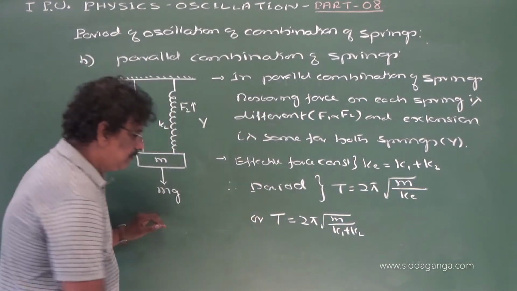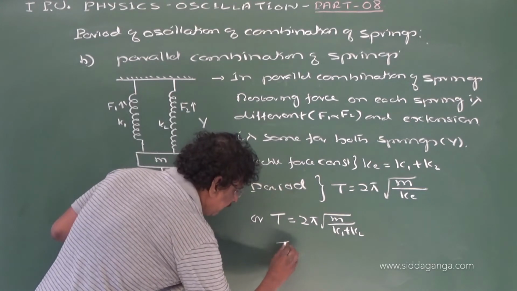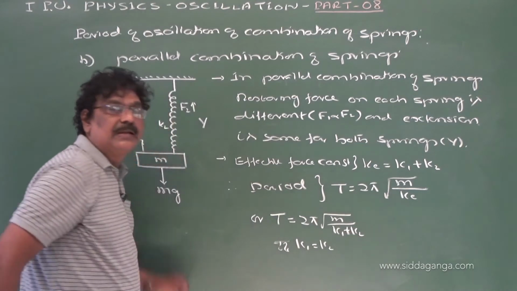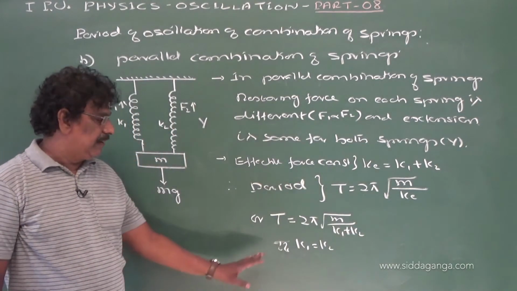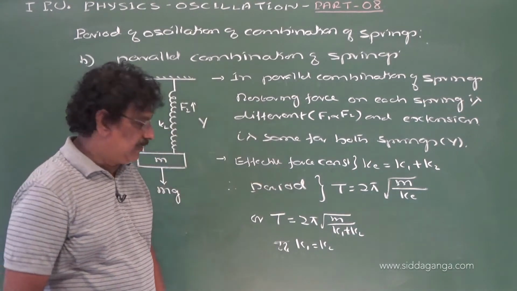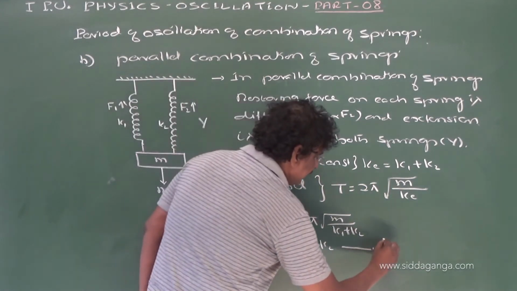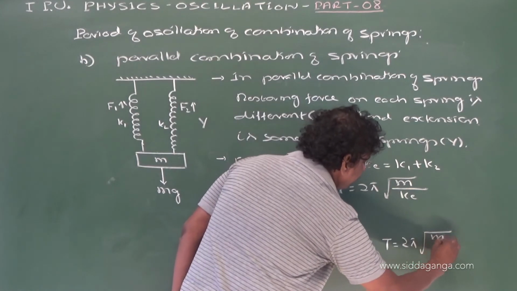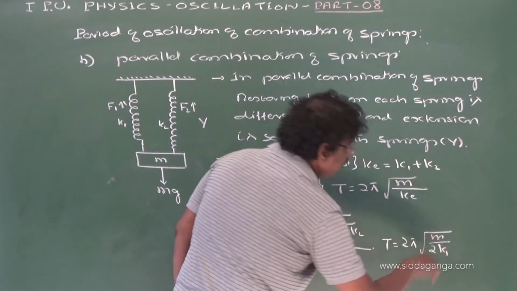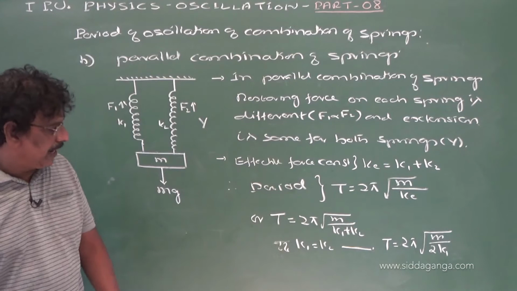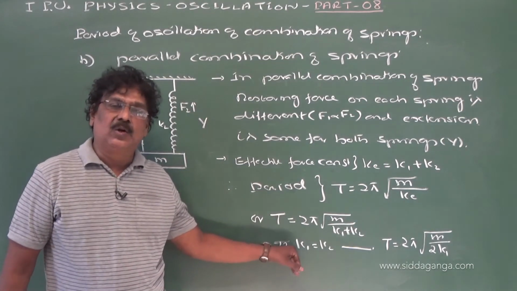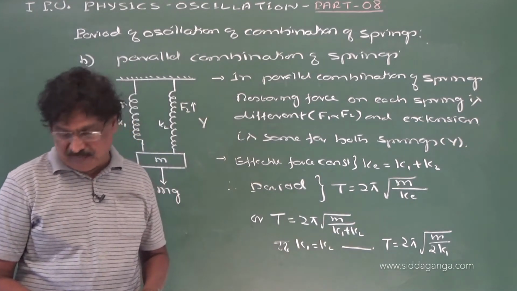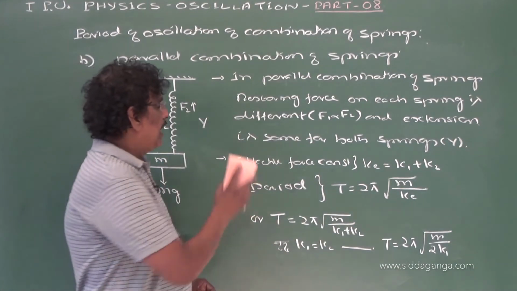Now, if K1 is equal to K2, then the time period T is equal to 2 pi into square root of m by 2K1. This is when the two springs have the same spring constant.